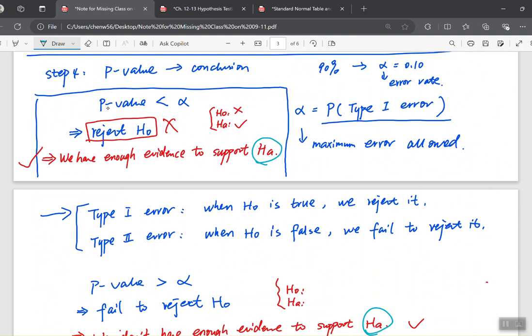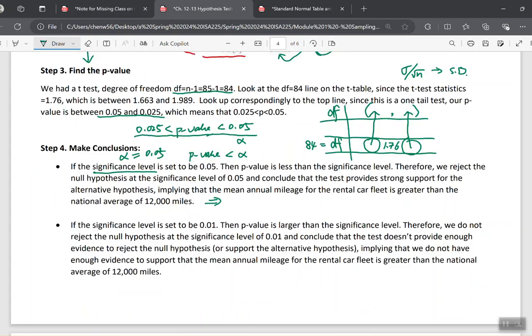We say if p-value is less than alpha, then we reject the null hypothesis so that we have enough evidence to support our alternative hypothesis, right? So in this case, we reject the null hypothesis, but remember, this is not our conclusion. We need to continue.